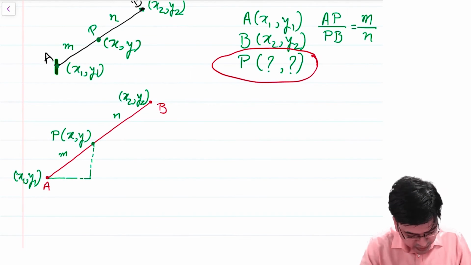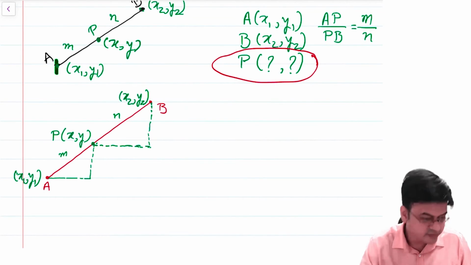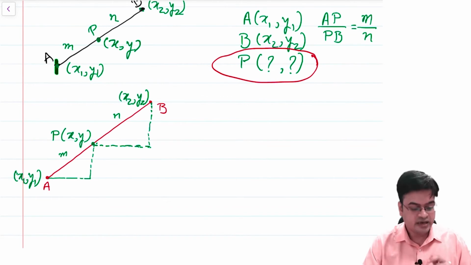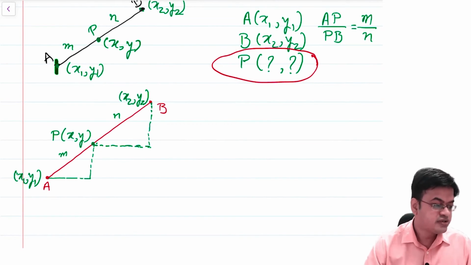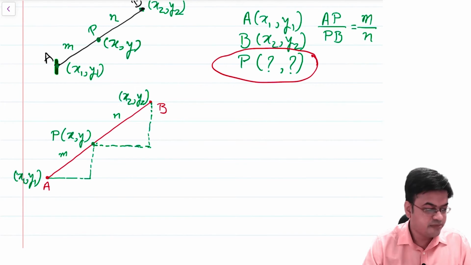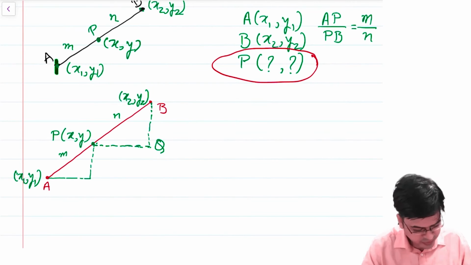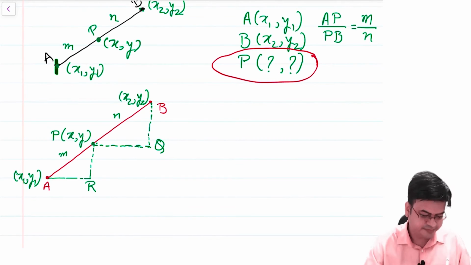Same thing I will do again over here, and I will connect it in this fashion. Okay, and now let me name these points. So let us say this point I have given the name P. Let us say this point is actually Q, and this point, let me name it as R.